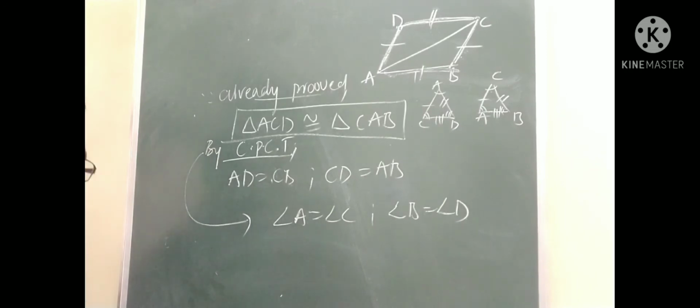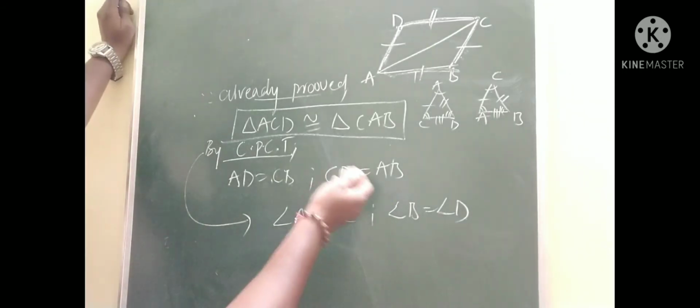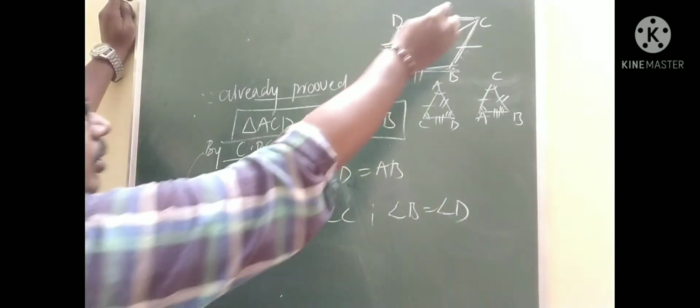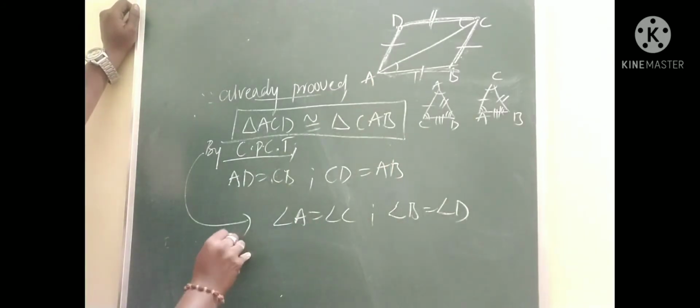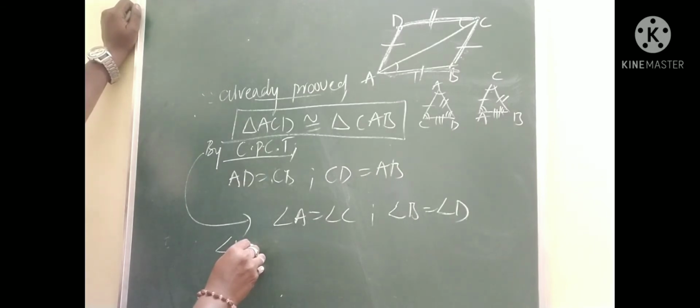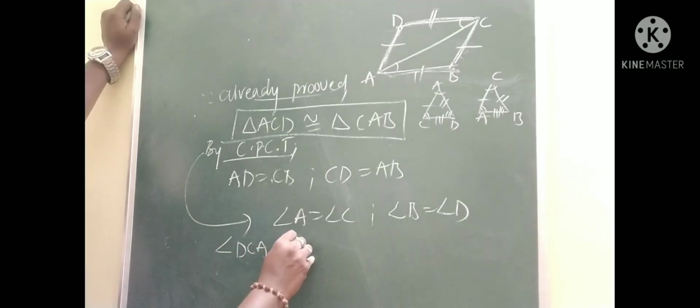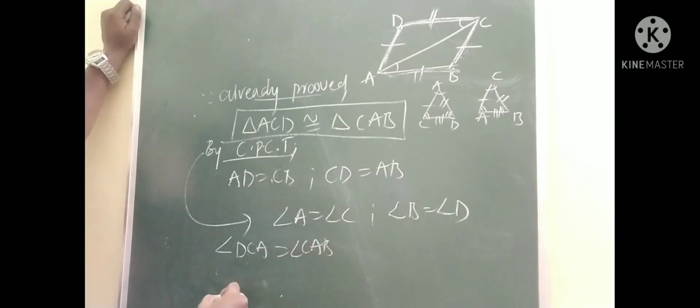Here some of you might get the doubt, sir, how can you write directly this one? Let me prove this also. As per this, you know this angle is equal to this angle, right? So let me write that. Angle DCA is equal to angle CAB, right?